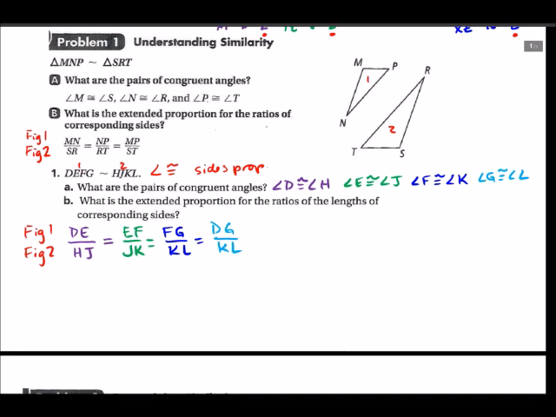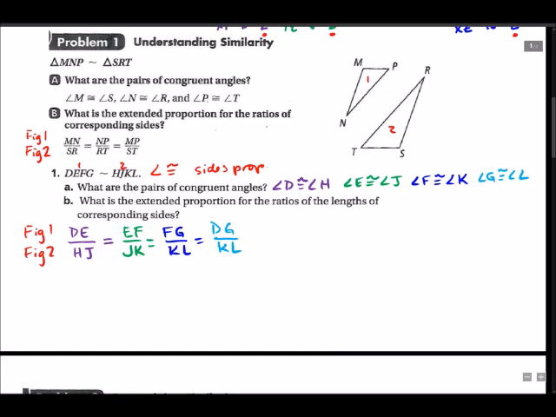The second question is, what is the extended proportion for the ratios of the lengths of the corresponding sides? So I simply numbered figure 1 and figure 2, and then I decided to put figure 1 on the top, figure 2 on the bottom, and I just went through. My first side is DE.